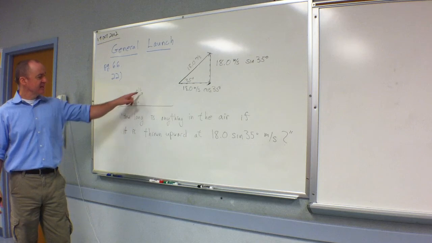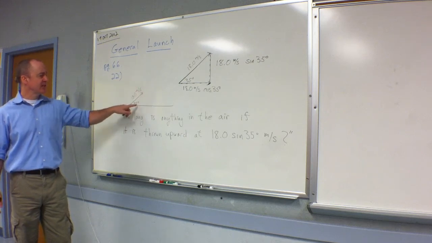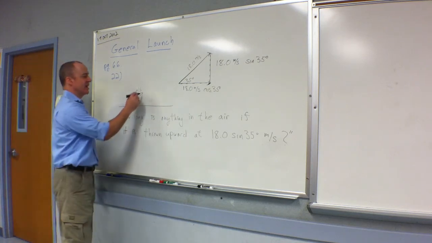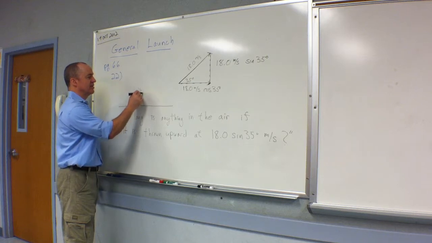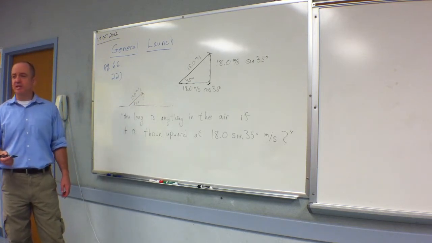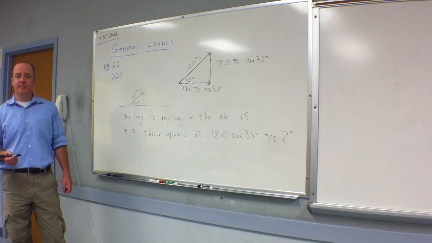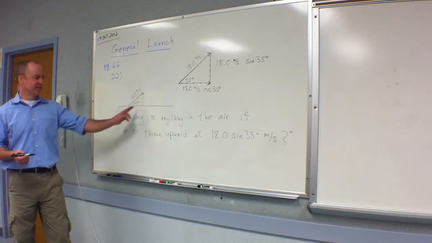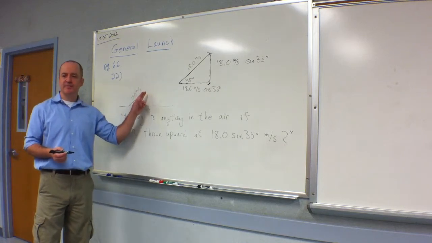If you kick something at 18.0 meters per second at a 35-degree angle, the time in the air is only going to depend on the vertical part. In real life, there's a big exception to that. Anyone know what that exception might be? Because is this thing really just moving straight up?